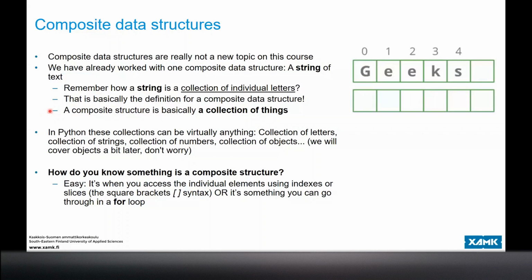The same way in real life, for example, a library would be a collection of individual books, and a book is a collection of individual pages, and a page is a collection of individual words. So in this sense, the composite data structure is nothing that spectacular, and nothing that we haven't covered before.